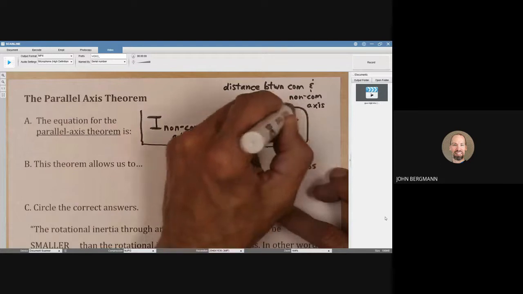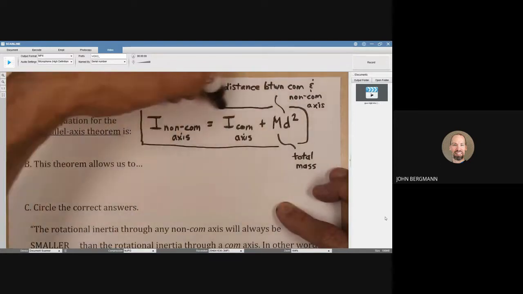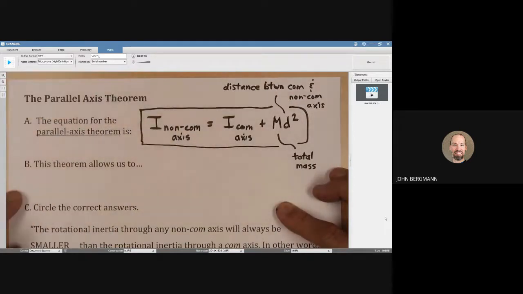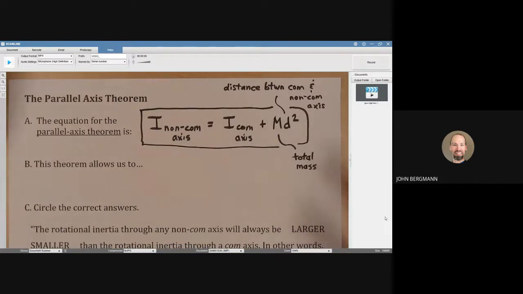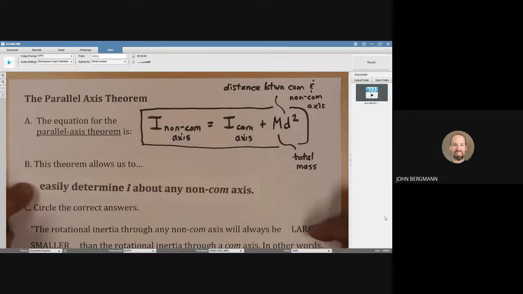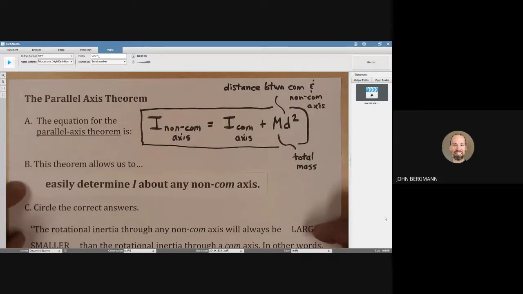It's an incredibly useful theorem, and we're going to try and get our minds around it here. This theorem allows us to easily determine the moment of inertia about any non-center of mass axis. Usually, for uniform shapes, the center of mass moment of inertia is found in a table.